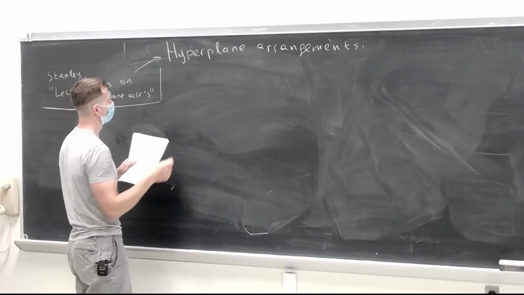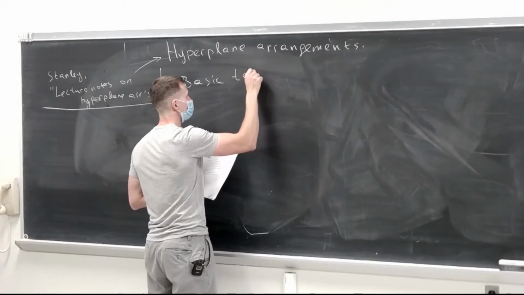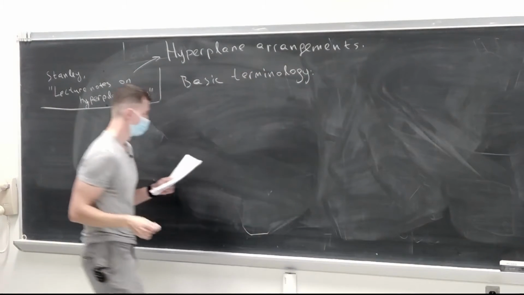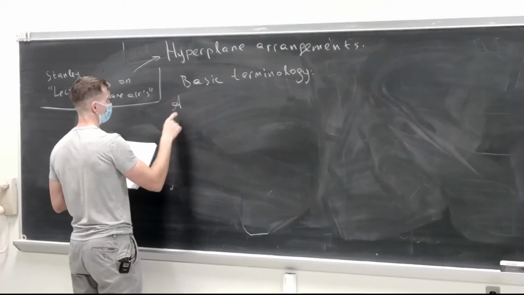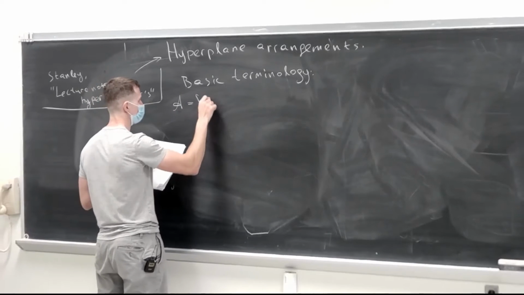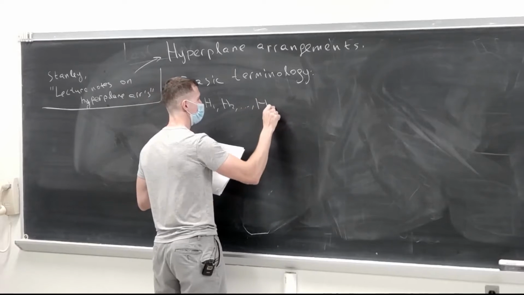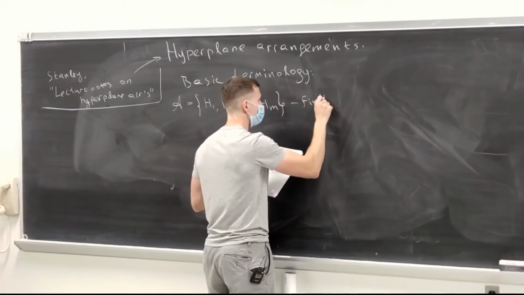So first let me start with the basic terminology. What is a hyperplane arrangement, which is always going to be denoted by this fancy A? It's just a bunch of hyperplanes H1, H2, ..., Hm, finitely many.